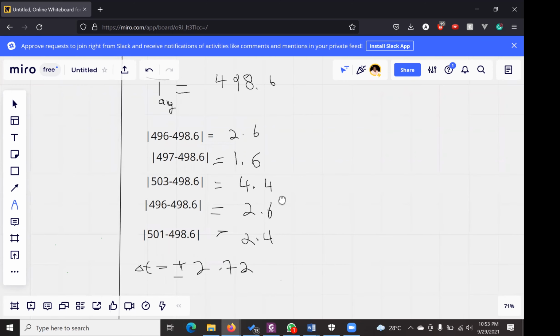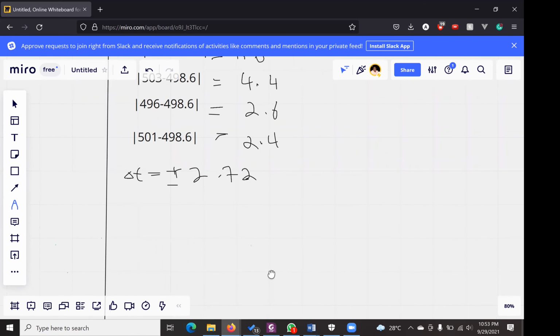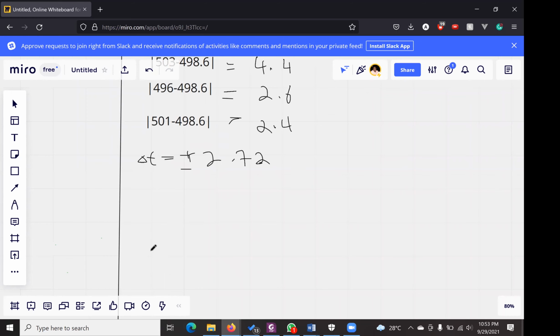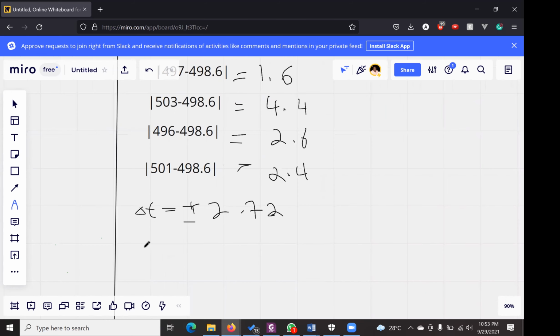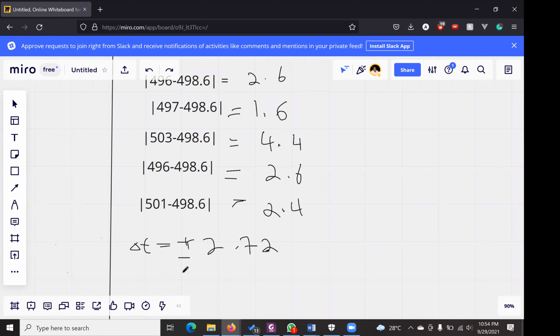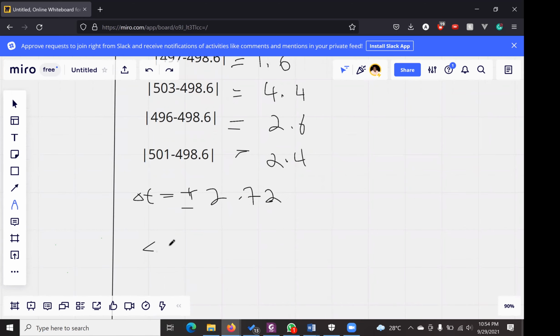All right, now the answer for the percentage error in T. Now, we as geniuses definitely know that we have delta T and we have T. I think we worked out T. So we can find it, right? So 498.6.